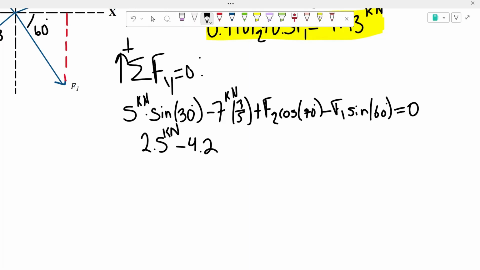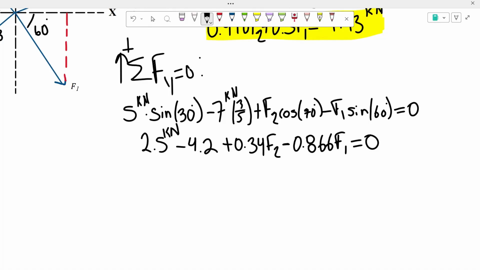Cosine of 70 is 0.34 times F2, and then minus, and then if we were to plug in sine of 60 into our calculator, we get 0.866 F1 is equal to 0.